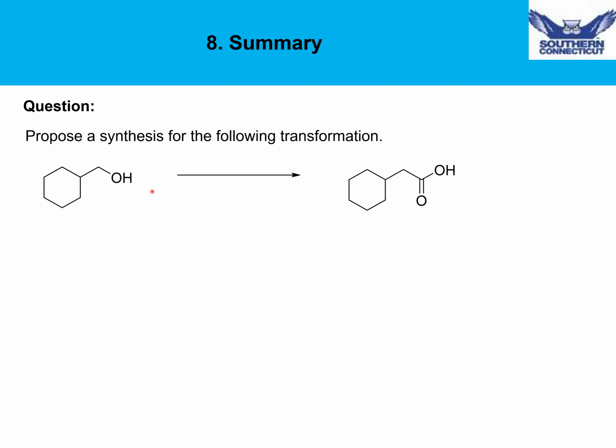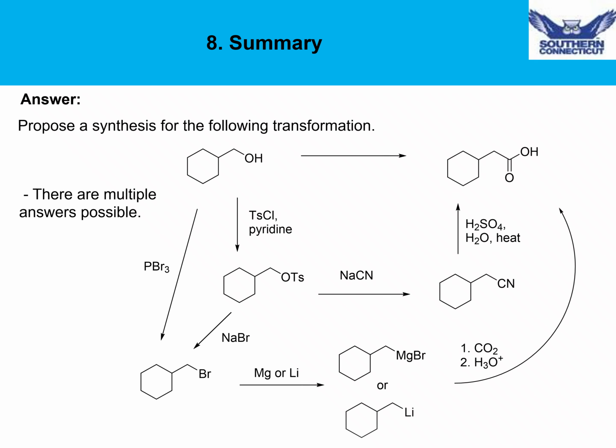To finish this chapter, let's do a synthesis problem. So we're starting off with a primary alcohol, and we're converting it into a carboxylic acid. Notice that the carboxylic acid has one more carbon compared to the alcohol that we're starting with. In this case, we can answer this question.